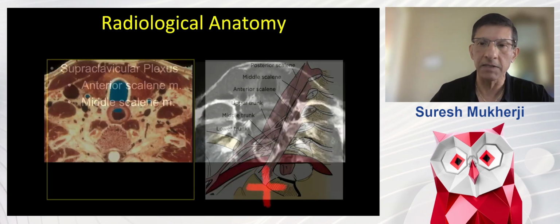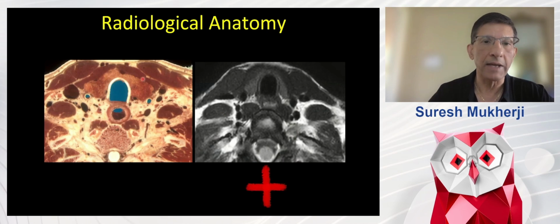So when we look at the classical anatomy here, you're probably going from top to bottom because you can see the sternocleidomastoid muscles, you can see the thyroid gland, and then you see this vertical line. And this is what we showed earlier. There's the trachea, there's the esophagus, there's the vertebral body. But instead of looking at this cross going from top to bottom, what I want you to do is look at the horizontal portion of the cross.